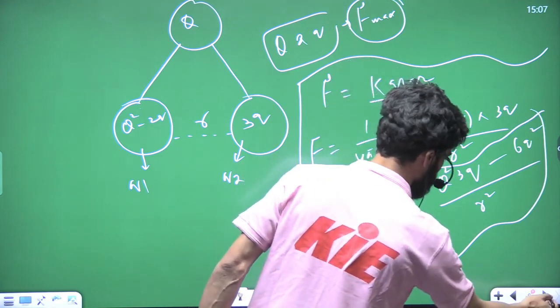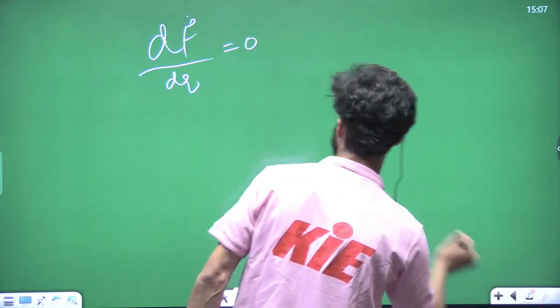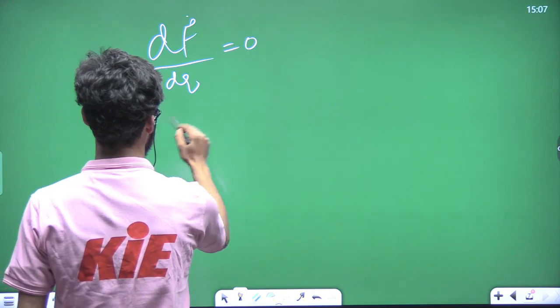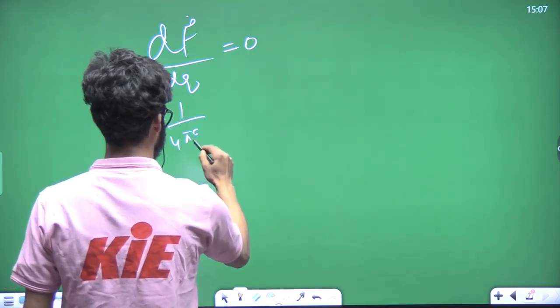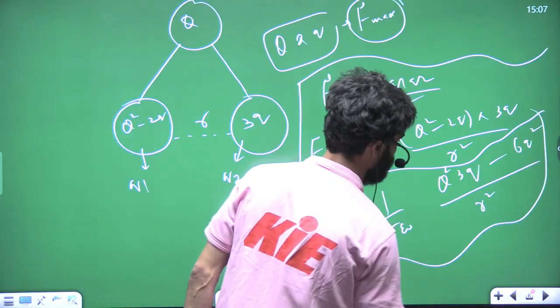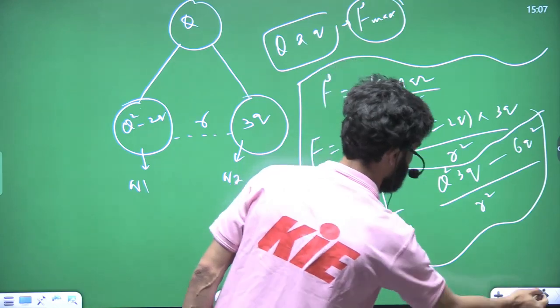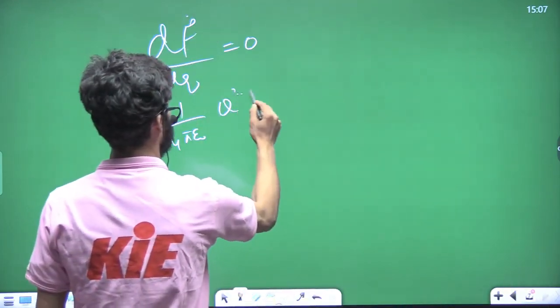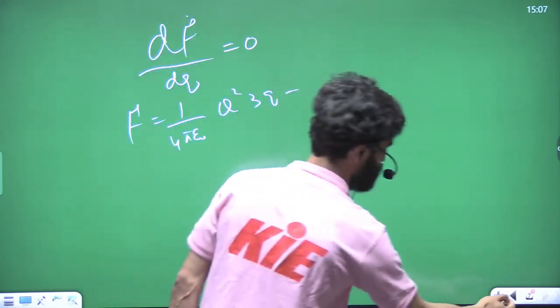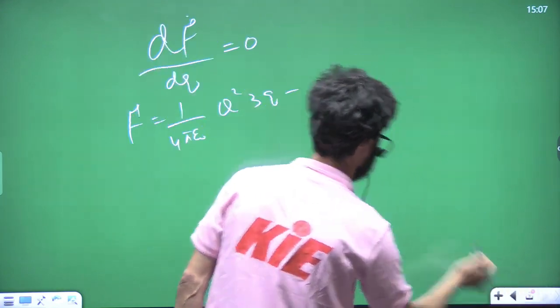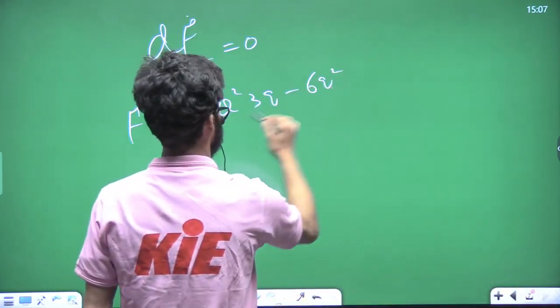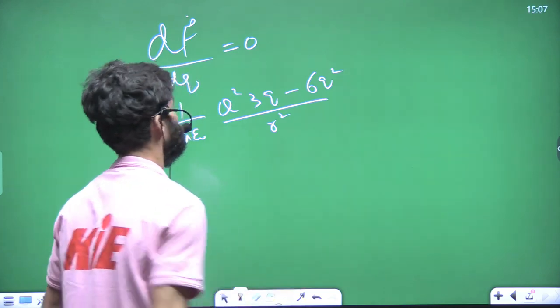F is equal to 1 by 4 pi epsilon, Q square 3Q minus 6Q square, divided by R square.